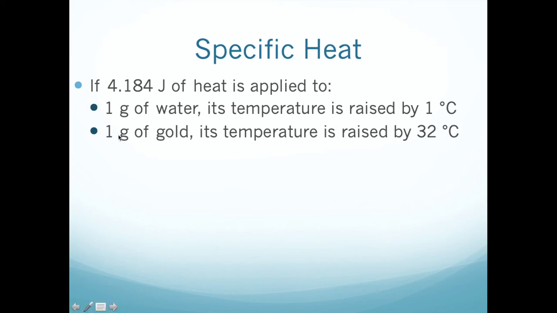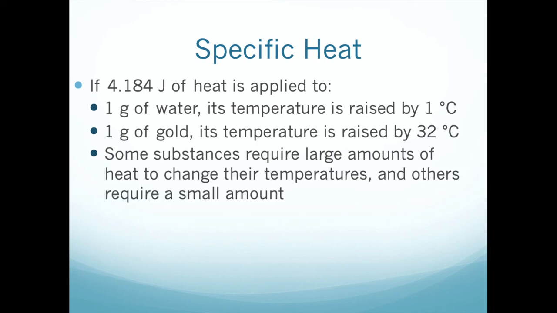However, if you did the same thing with the same mass of gold, the temperature would rise by 32 degrees Celsius, much more significantly. If your gold was at room temperature, 25 degrees Celsius, and you gave it that same amount of heat, its temperature would rise up to 57 degrees Celsius as opposed to 26. So that's something to keep in mind.